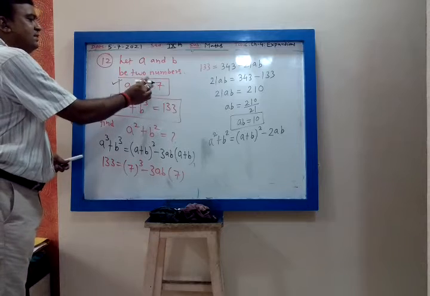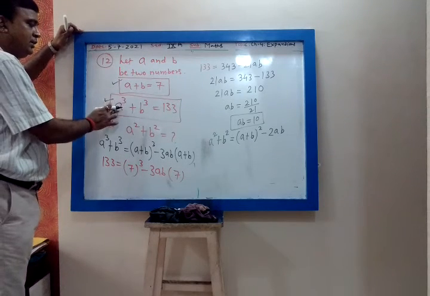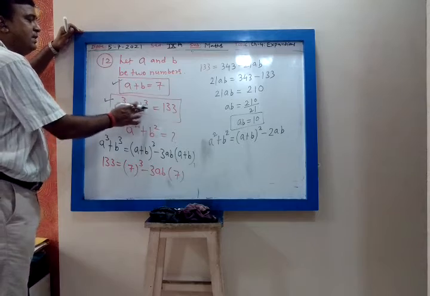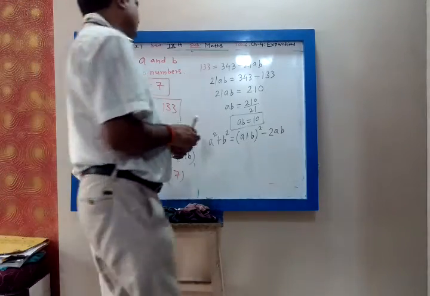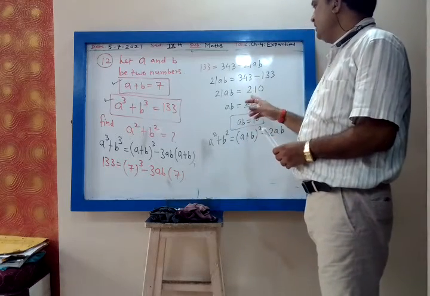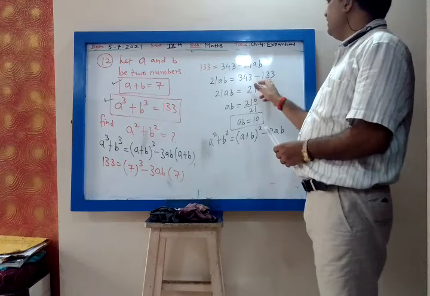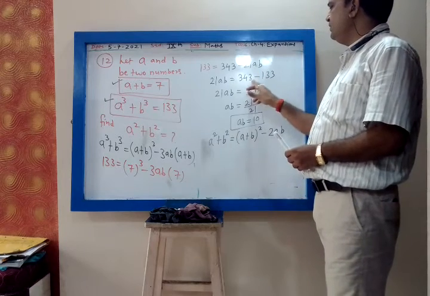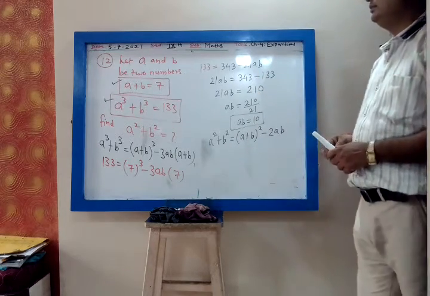Sum of the two numbers is 7, so a plus b is 7. Then the sum of the cubes, a cube and b cube, is given as 133. It is given in the question.